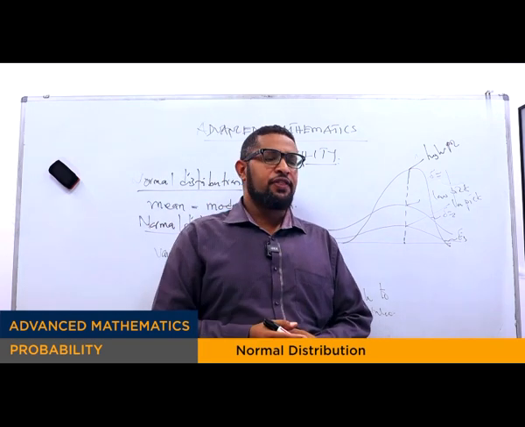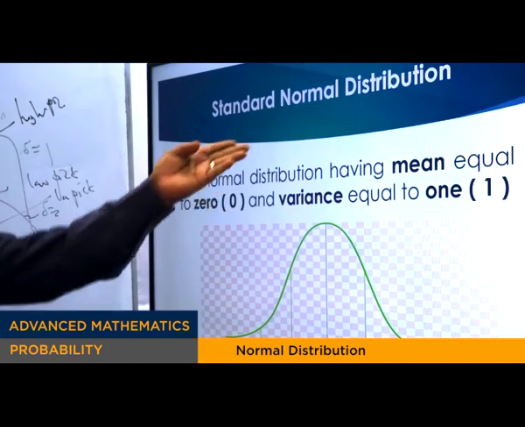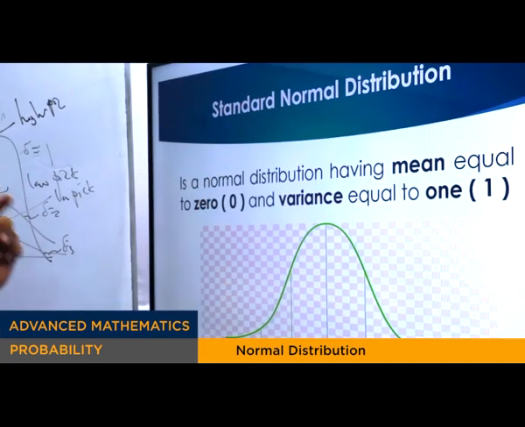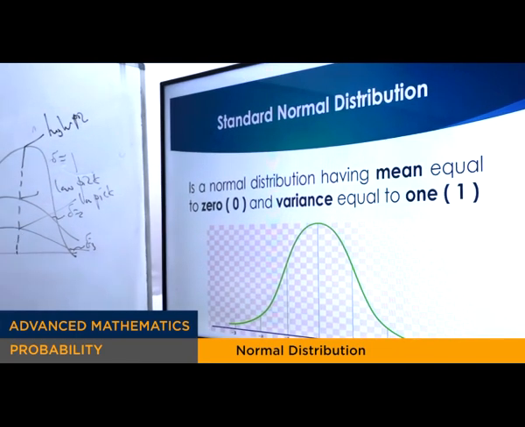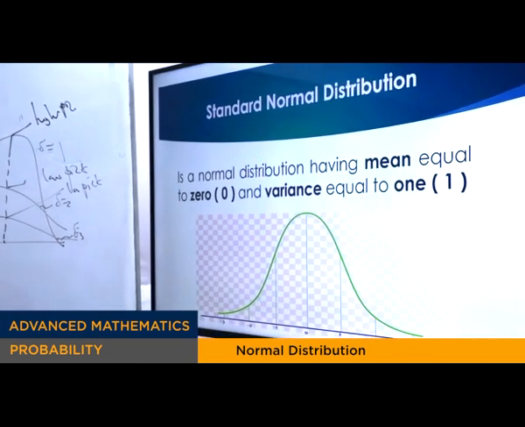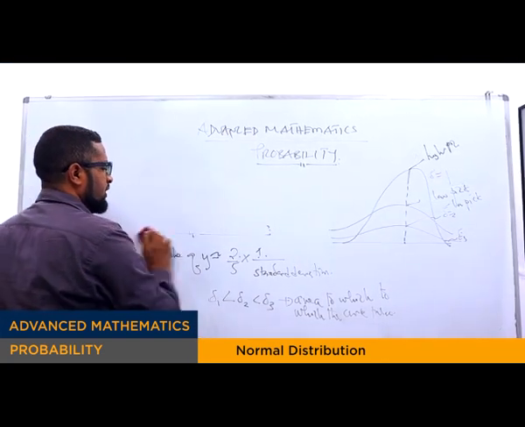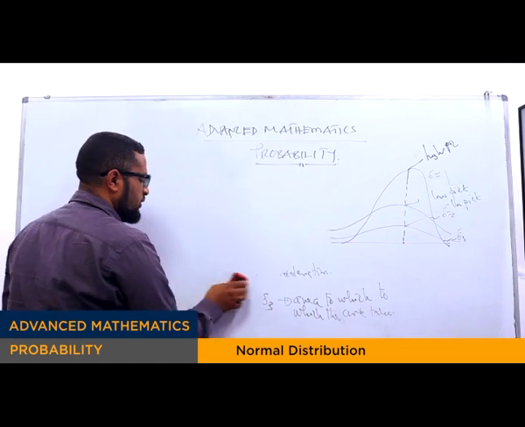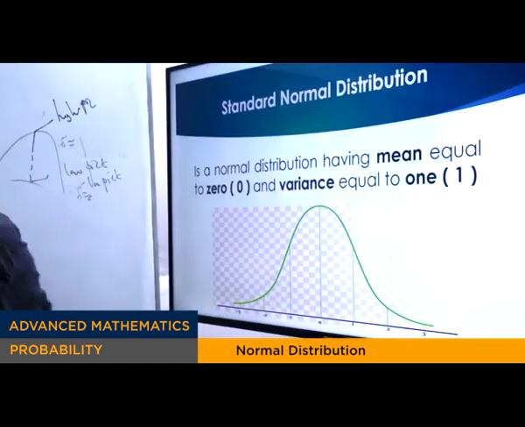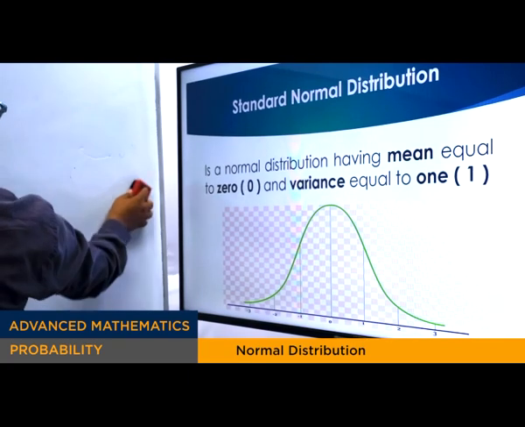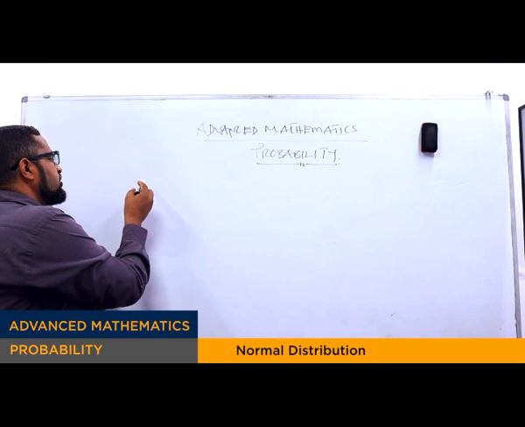But we have another thing. The one that we were discussing was normal distribution, but this one is standard normal distribution. When we say standard, we mean it is standard throughout. Now let's see, when we talk about standard normal distribution, what do we mean?